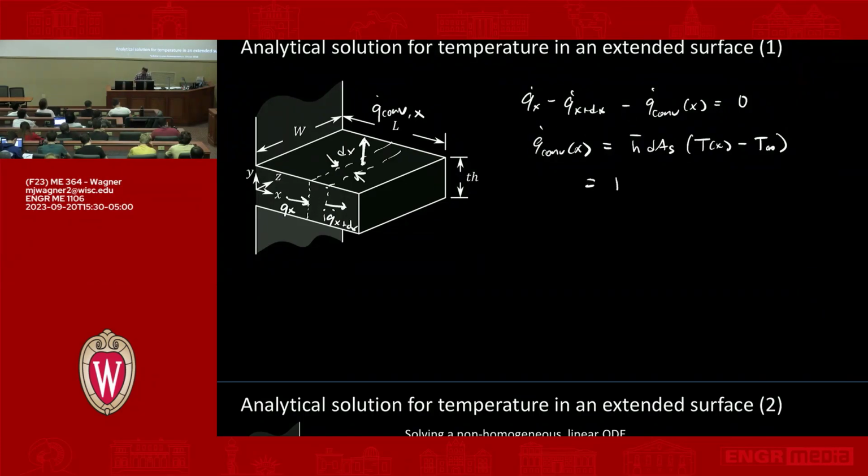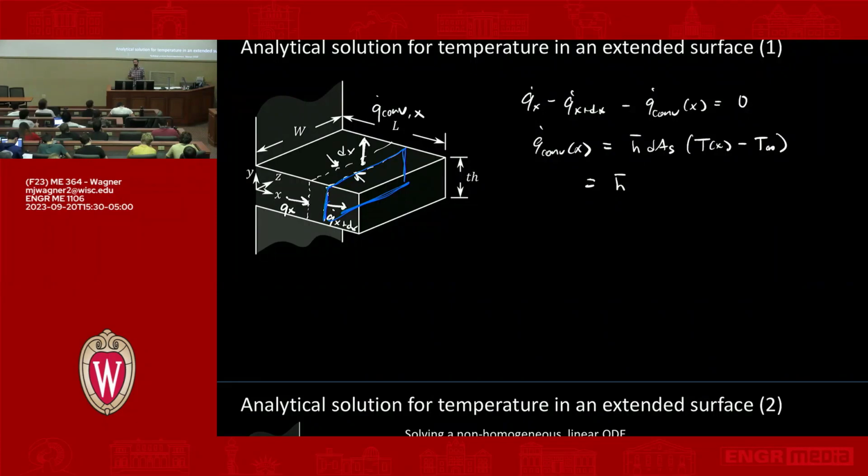So that's actually h bar times, what's the differential area that's exposed to the surroundings? Yeah, dx times the whole perimeter, right? The perimeter of the fin. So let me just draw it this way, right? This perimeter times dx.